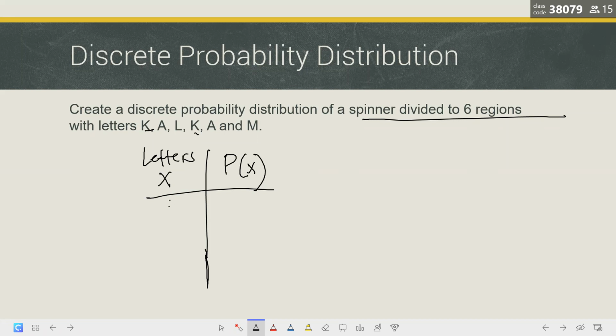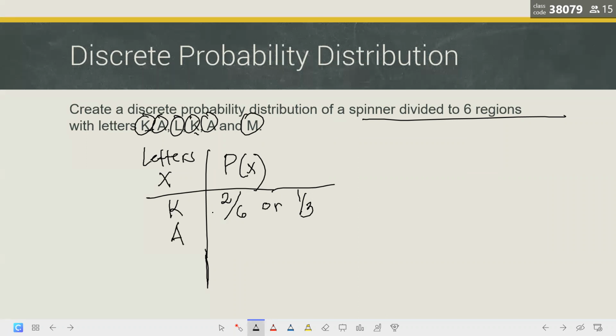Yung probability nila, ayan. So lista natin. K. Ilan ang K? Out of the 6 letters na binigay, 1, 2, 3, 4, 5, 6, ilan yung K? Dalawa po. Dalawa. Out of 6 letters, so the probability, very good, yung probability na makukuha natin yung K is 1/3. Tama? Yes, sir.